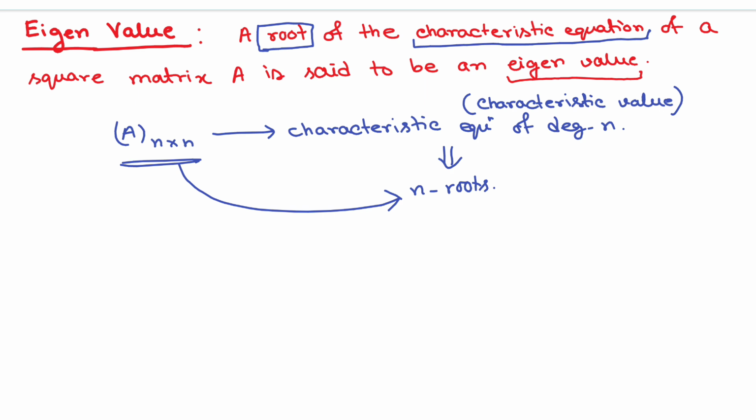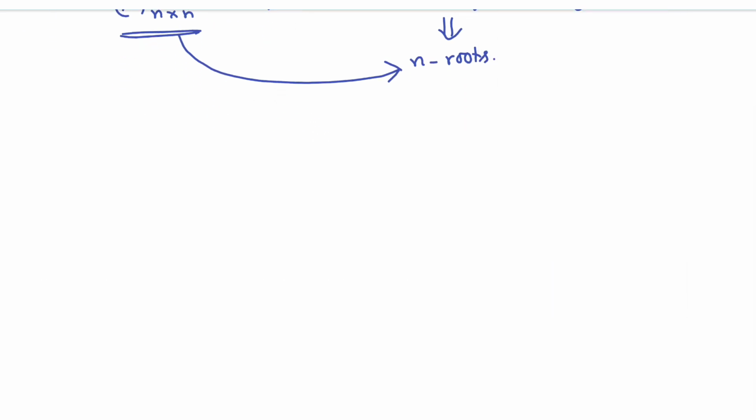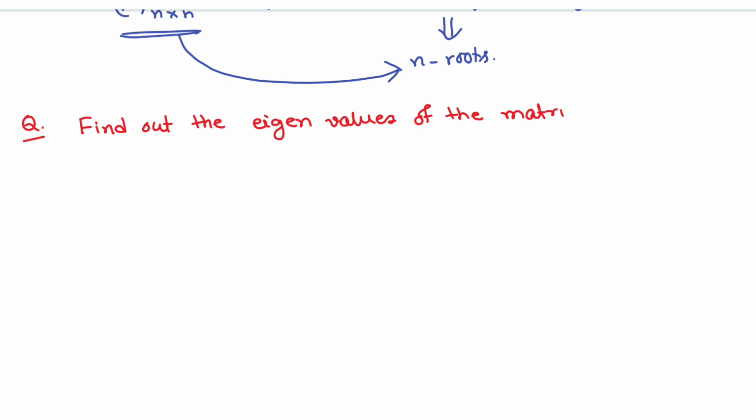Okay, for example, let's say question, find out the eigenvalues of the matrix A equals 1 minus 1 0, 1 2 minus 1, 3 2 minus 2.